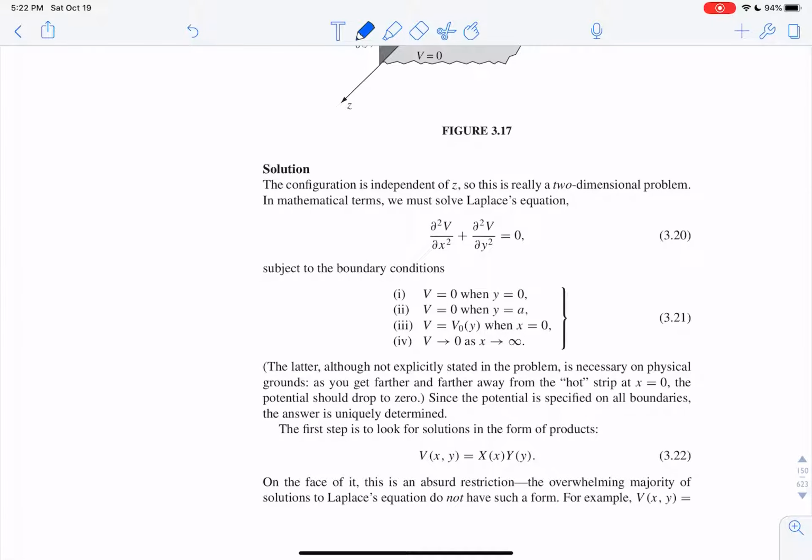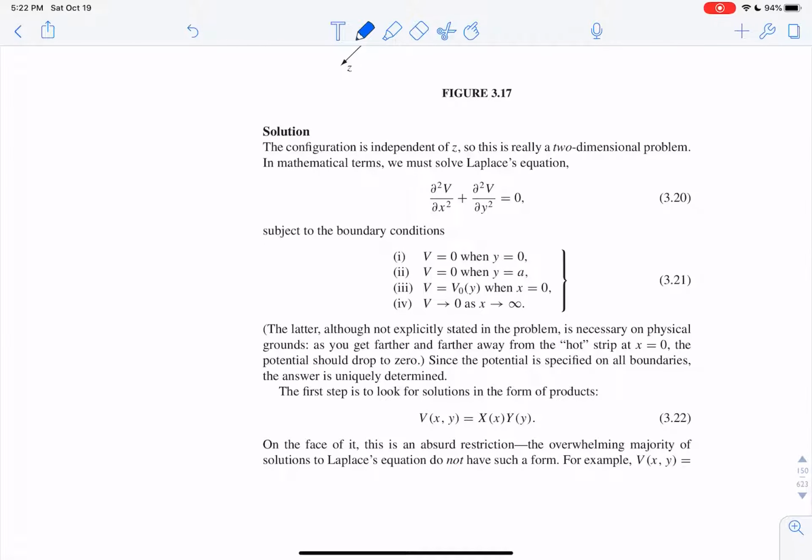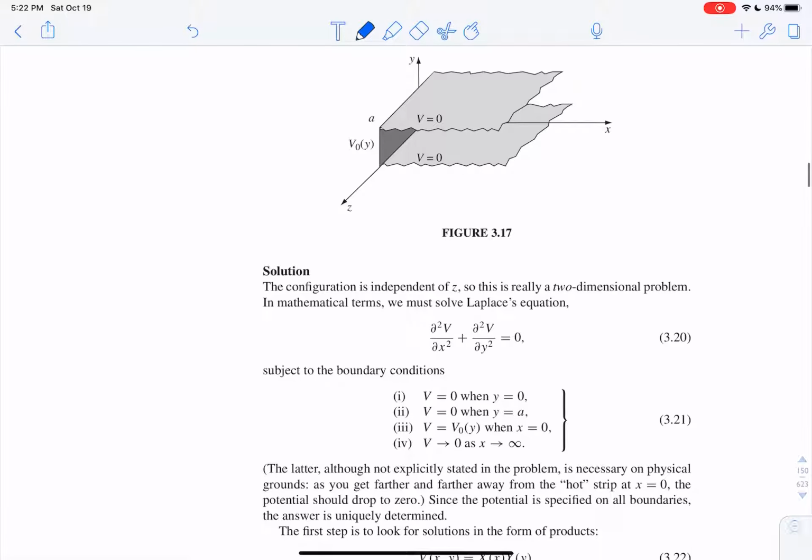So what we need to solve is Laplace's equation, subject to the following boundary conditions. That V equals 0 when y equals 0, because that refers to this grounded plane, and V equals 0 when y equals a, at that height a up there.